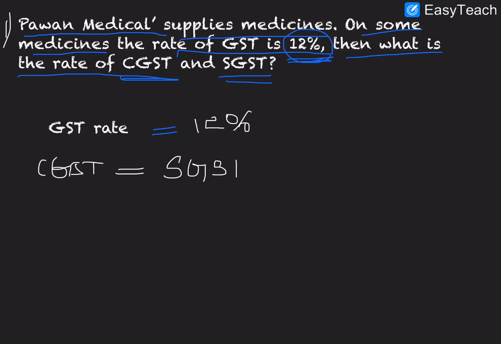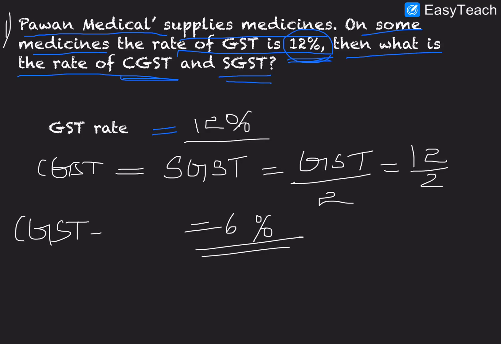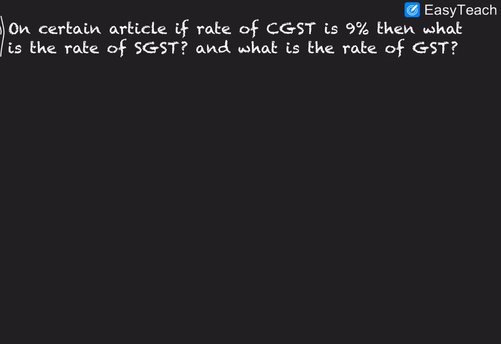The amounts of SGST and CGST are the same, each equal to half of the GST. So 12 by 2 is 6. So 6% is the SGST and CGST, that is the state GST and the central GST. 6% is the answer to this problem.